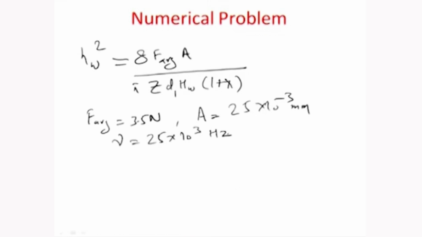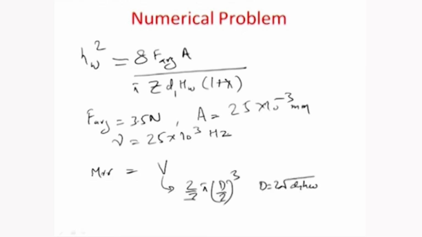So MRR in this case can be estimated by the total volume V, which I already defined before as 2 by 3 pi (d by 2) cube, okay, where d is equal to twice root d1 hw, times the number of particles making impact at one cycle or one impact of the tool, times nu, the operating frequency of the vibrating tool head.